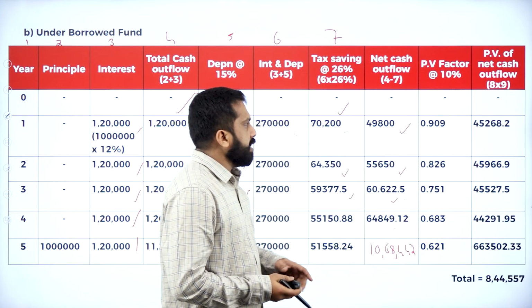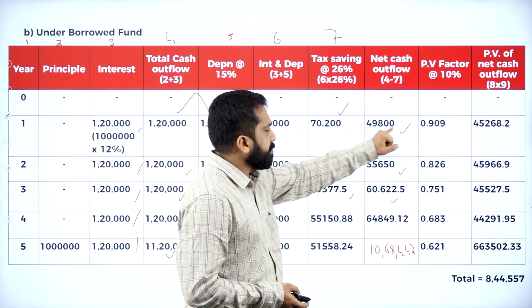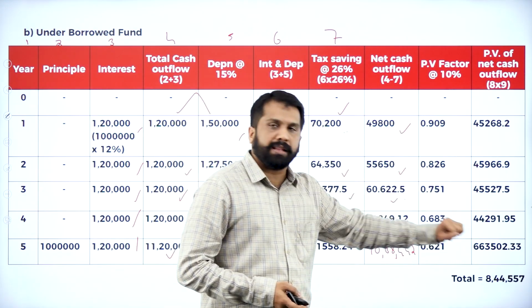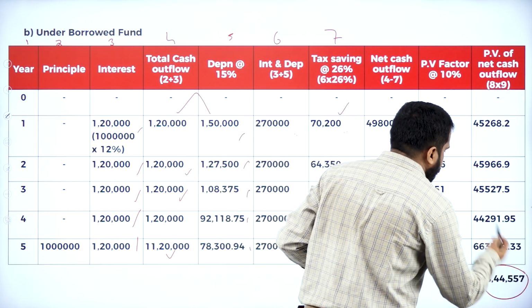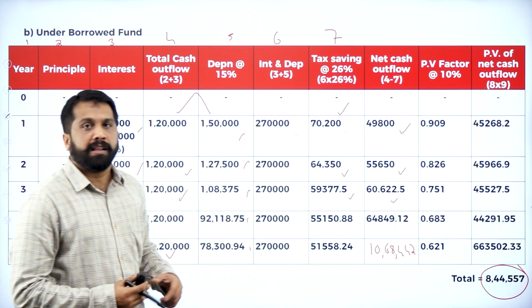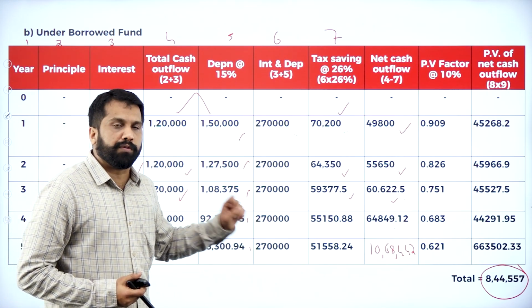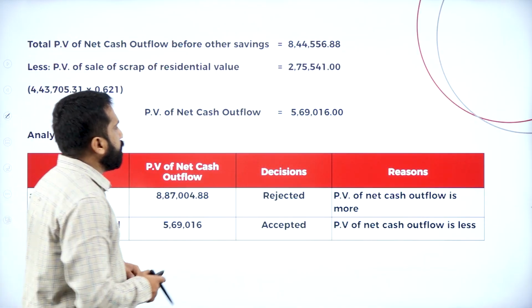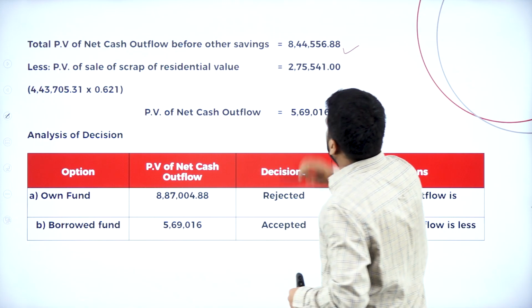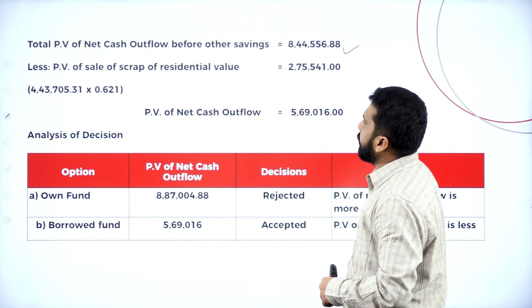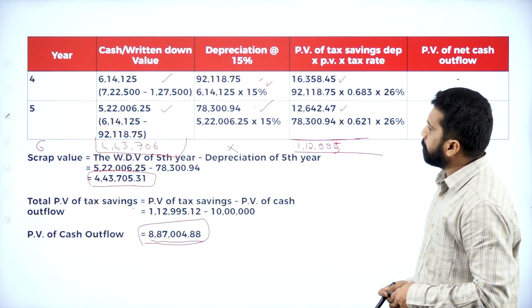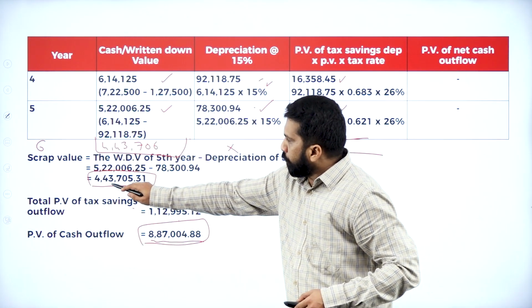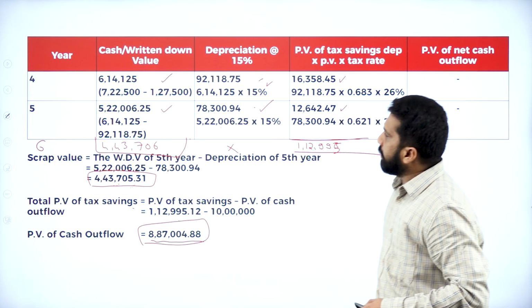Now, if you multiply everything, you will get last column. What is the total of last column? 8,44,557. Which one we are doing? Borrowed fund. Under borrowed fund, 8,44,556. What is the sale of scrap value? Like your scrap value they have given, 4,43,705. Yes.